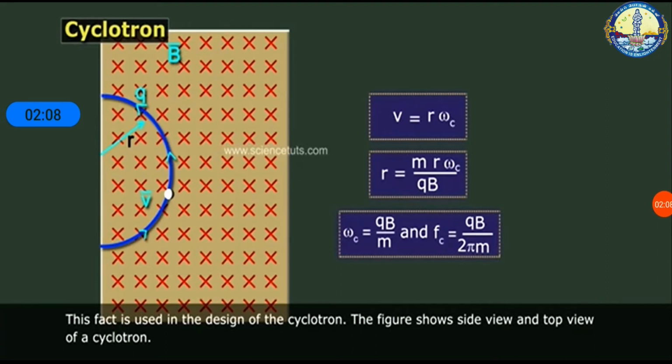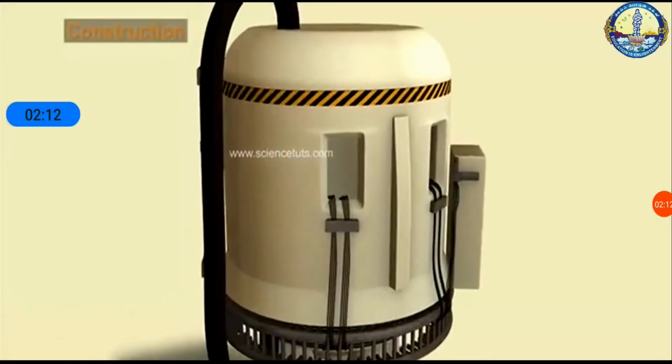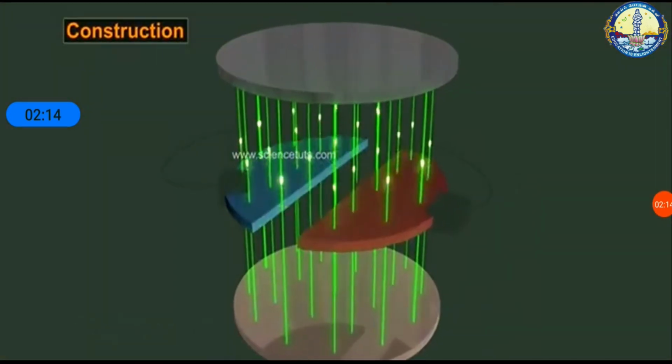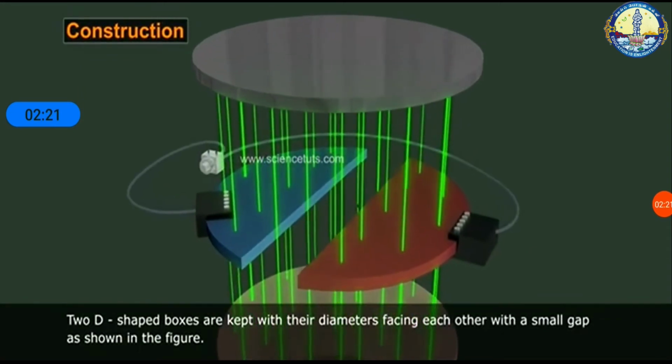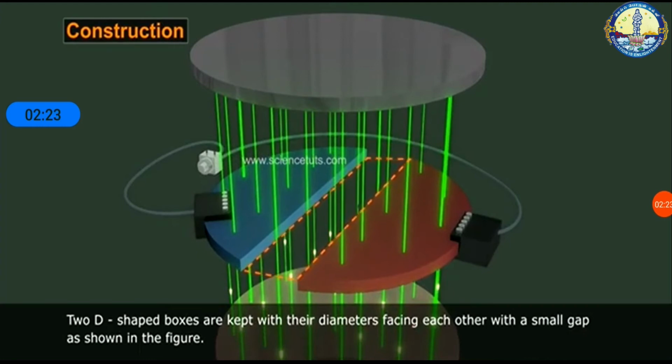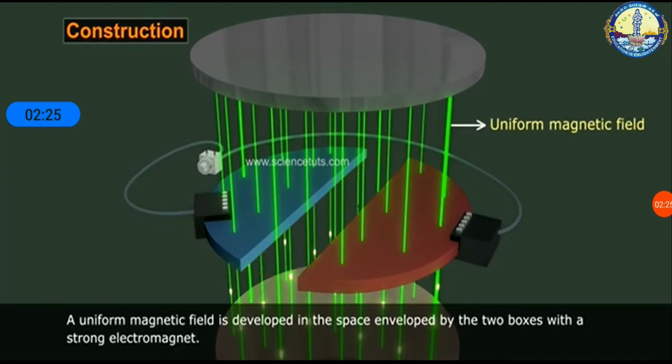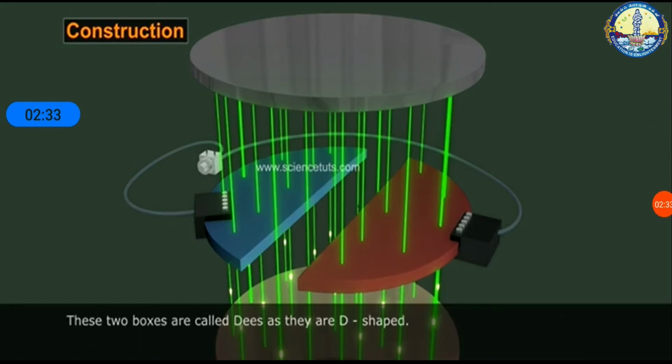The figure shows the side view and the top view of the cyclotron. Two D-shaped boxes are kept with their diameters facing each other with a small gap, as shown in this figure. A uniform magnetic field is developed in the space enveloped by the two boxes with a strong electromagnet.